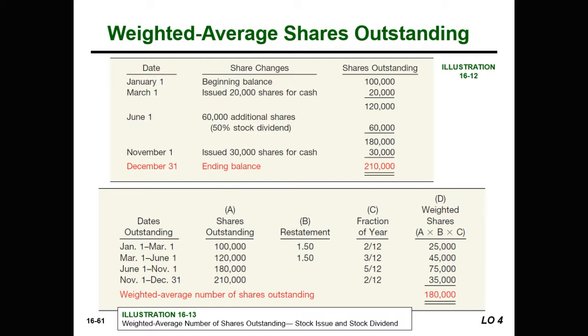Then November 1st through December 31st, there were 210,000 shares for 35,000 weighted shares and a total of 180,000. Now we've illustrated the basic weighted average shares outstanding, and how to deal with something like a stock dividend or a stock split. Remember, we act like it goes back to the beginning of the year.